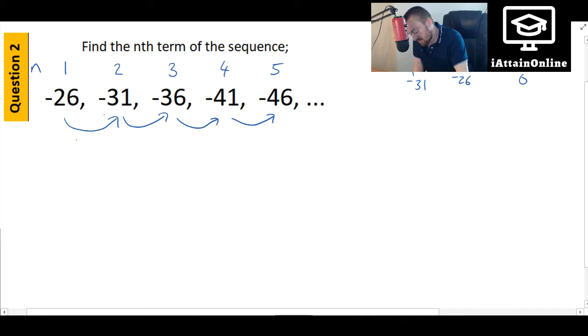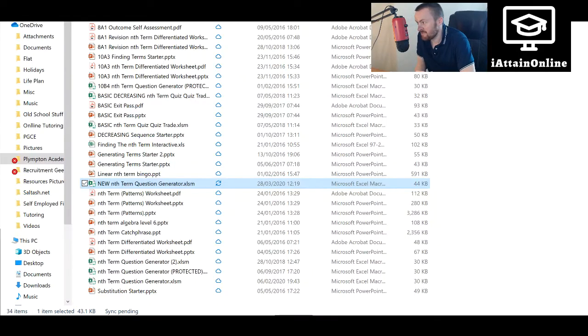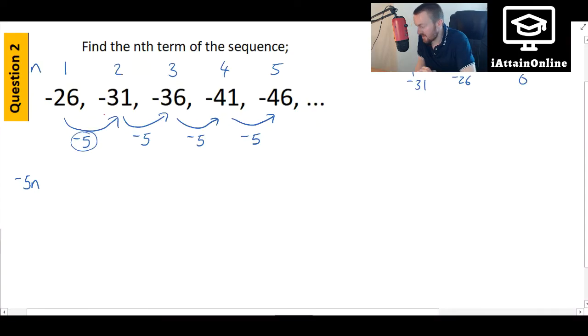So because each time here I'm subtracting 5, that's what we call the term-to-term rule. How do I get from one number in the sequence to the next? I'm going to write out negative 5n. Remember I said it's really important that you include the sign that goes before it. Negative 5n simply means it's your negative 5 times table.